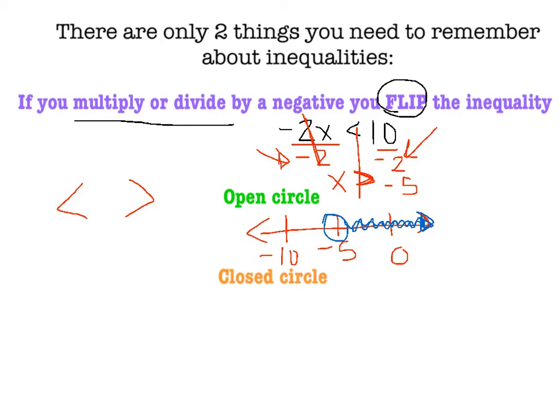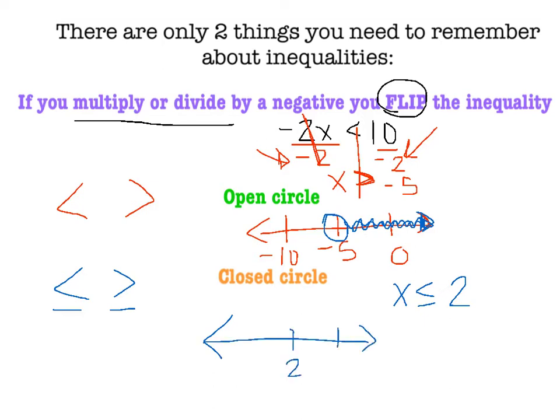And then if you have a symbol like less than or equal to or greater than or equal to, that's when you'll have a closed circle. So an example of that might be x is less than or equal to 2. So I'm going to draw my number line. I know I have to have 2 on my number line. I'm going to pick a number that's bigger, and I'm going to pick a number that's smaller. Since there's this line underneath, so you see this line right here, since it has the line underneath, I know that I'm going to want to have a solid or a colored in circle.